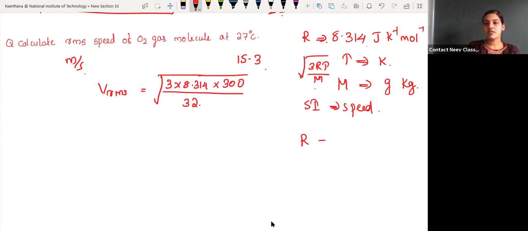Because R is joule per Kelvin per mole, and joule is force into displacement, right? So it is kilogram meter square second raised to minus 2.